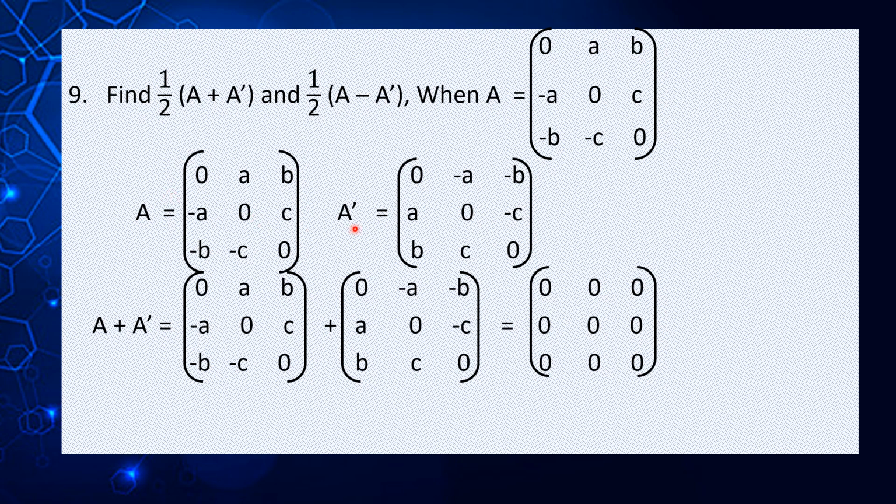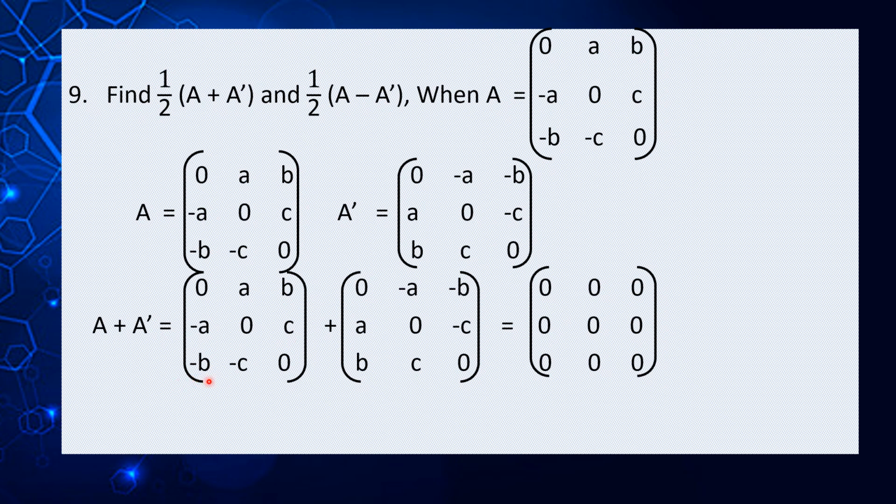Then write its transpose, that is A transpose equal to [0, -a, -b; a, 0, -c; b, c, 0].